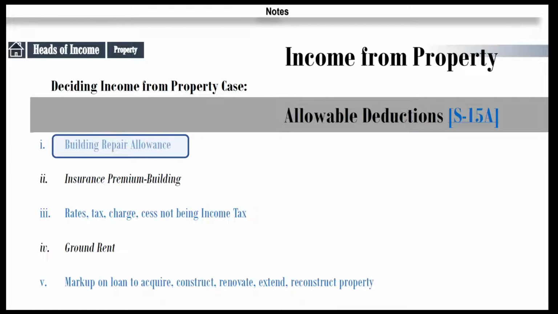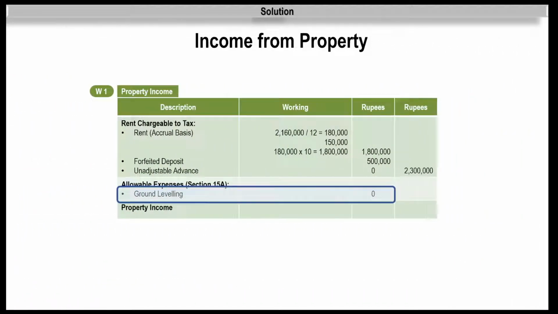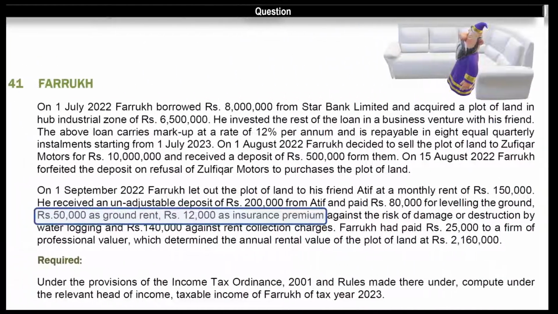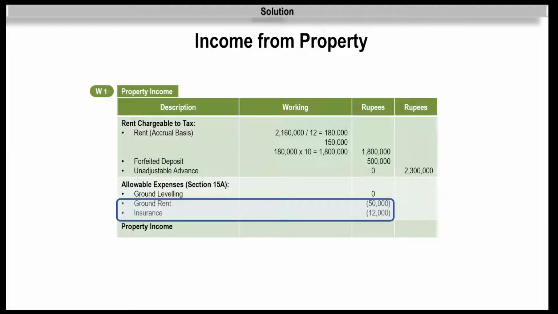So we cannot deduct a repair of a plot of land because repair allowance is allowed only for building. Mention it in your working. 0 will be mentioned as ground leveling expense. Next expense is ground rent and insurance premium. Both of these items are allowable expense under section 15A. Mention it in your working.